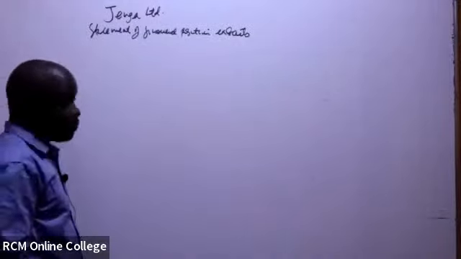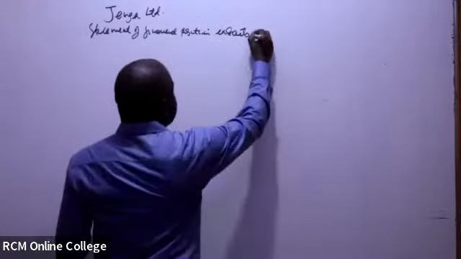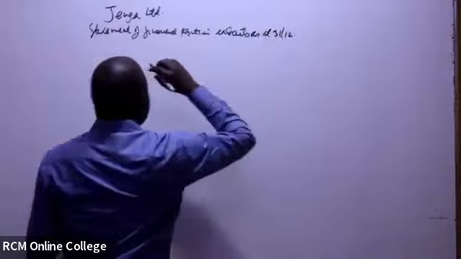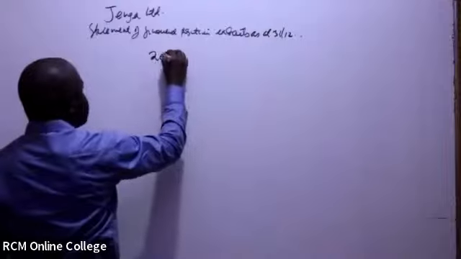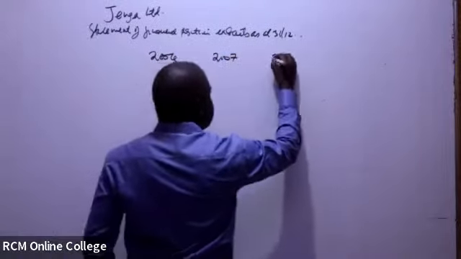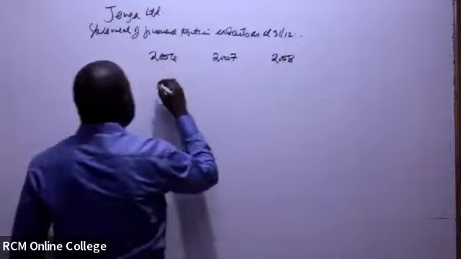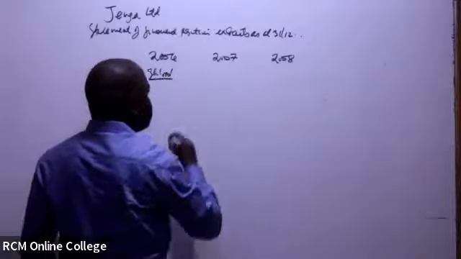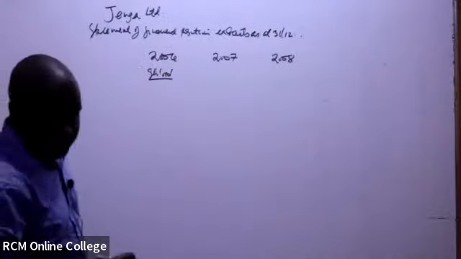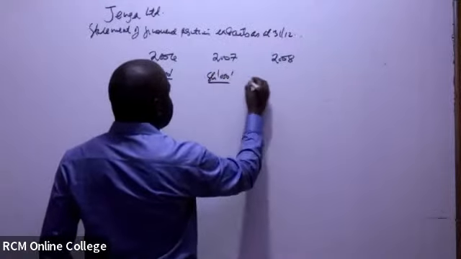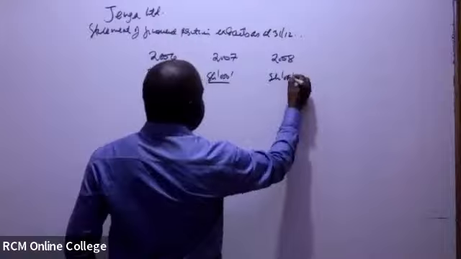And of course, it is as at 31st of December for the year 2006, 2007, and of course 2008. This one is in shillings of thousands.